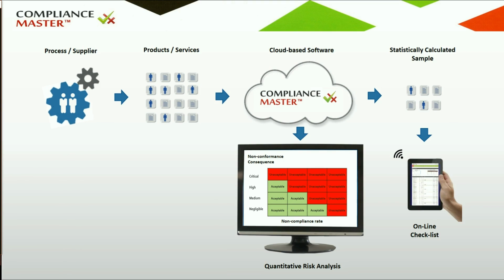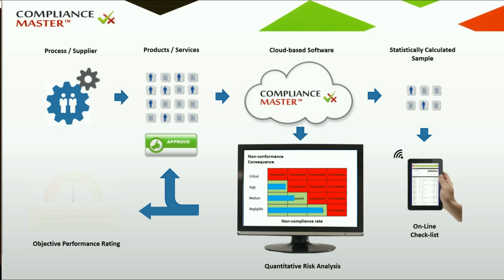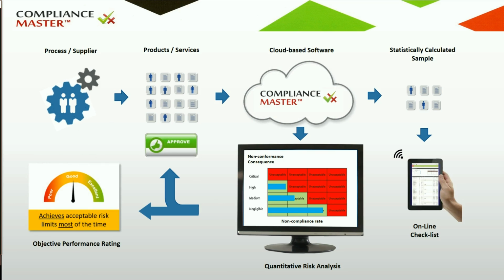Another powerful feature of Compliance Master is its ability to continuously evaluate the risk performance of each process and supplier over consecutive audits and inspections, and to assign it an objective performance rating, which is displayed in an easy-to-understand dial format. As we can see in this example, provided a process or supplier consistently achieves or betters an organization's specified risk limits, most of the time, it will be assigned a good performance rating.